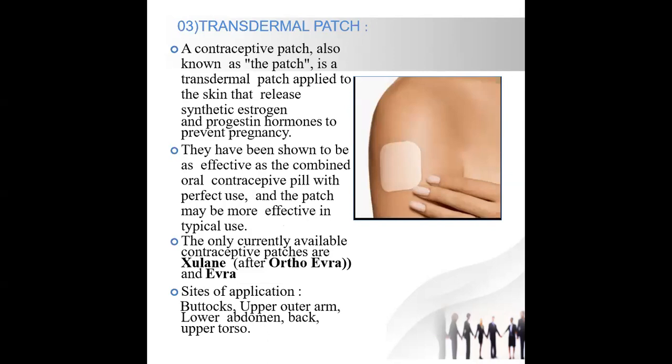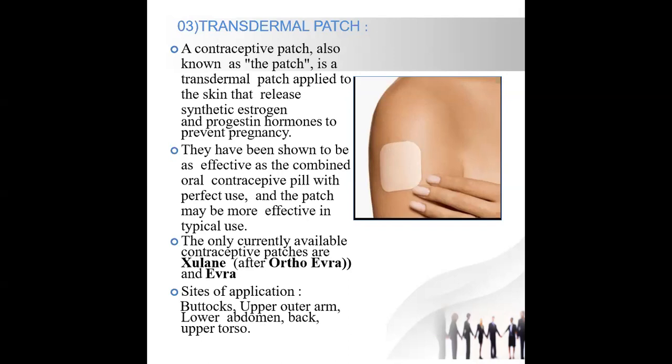And these transdermal patches have been shown to be as effective as combined oral contraceptive pills with perfect use, and the patch may be more effective in typical use. The only currently available contraceptive patches are Xulane or earlier Ortho-Evra and Evra. So earlier we had Ortho-Evra and Evra, now we have Xulane.